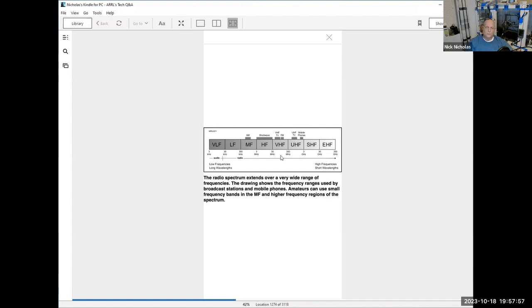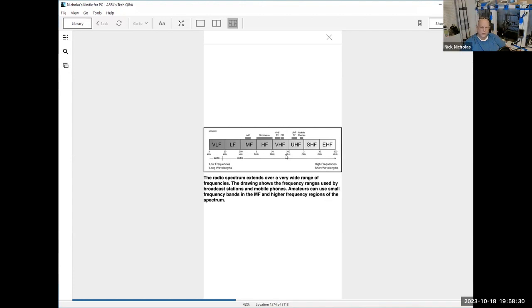And so this chart is useful to see where the HF band begins around 3 megahertz, which is our 80-meter band, and ends around 30, which is our 10-meter band. The VHF band starts at 30 and goes to 300, and that roughly includes 6 meters, 2 meters, and our, I forgot what it is in meters, the 220 megahertz band.